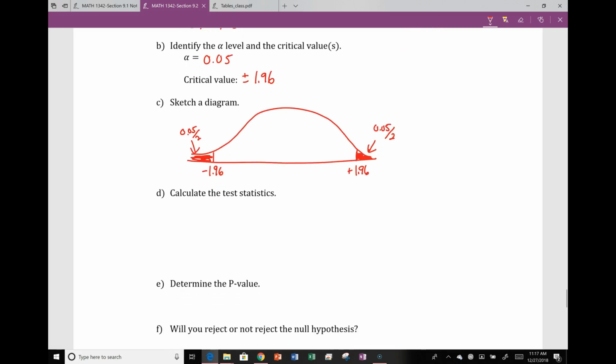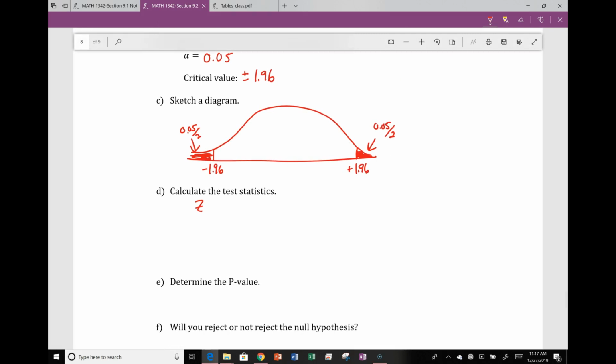I'm going to calculate our test statistic. So our z sub t is going to be 61.5 minus 61 divided by 2.5 over the square root of 95.